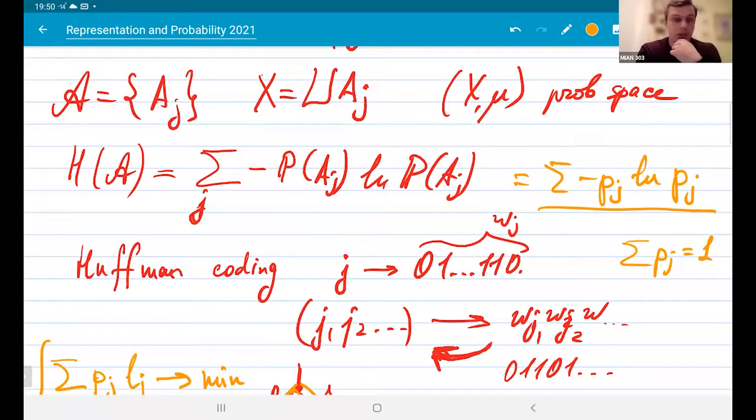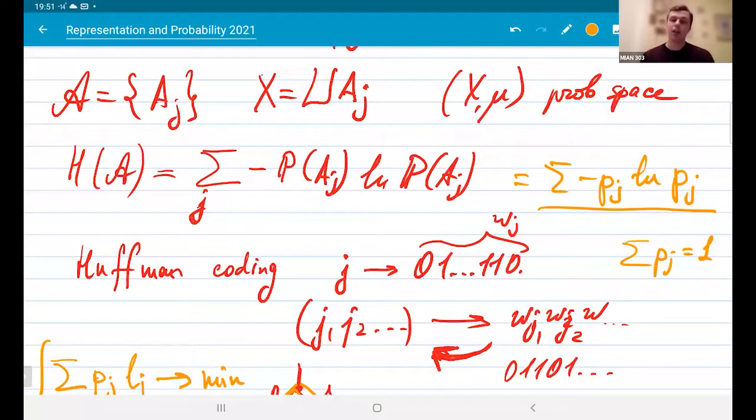So this measure is important, is somewhat special, and in fact this property can be explained without going into this measure theory.